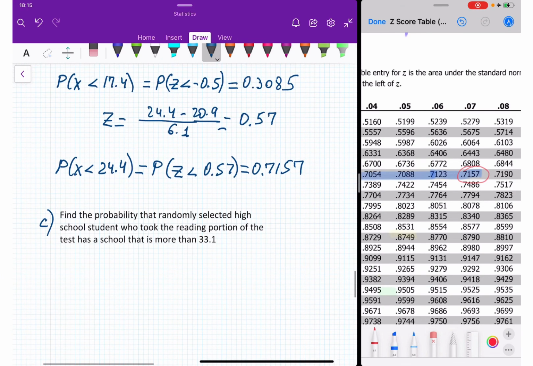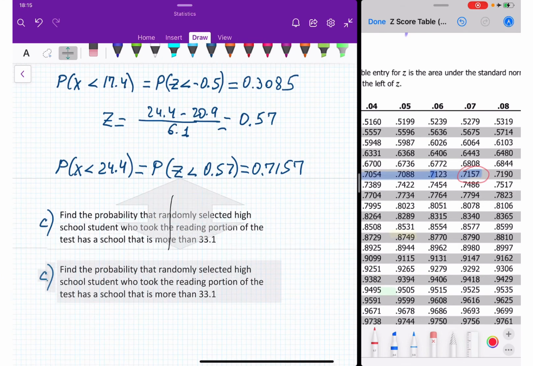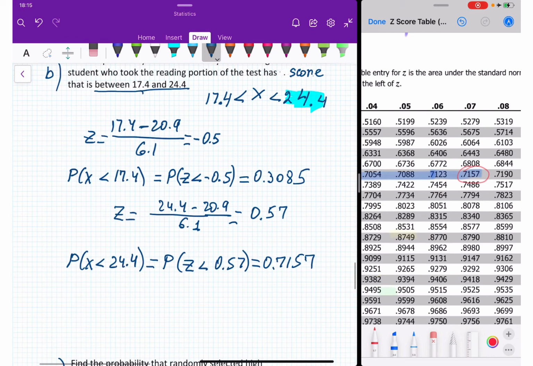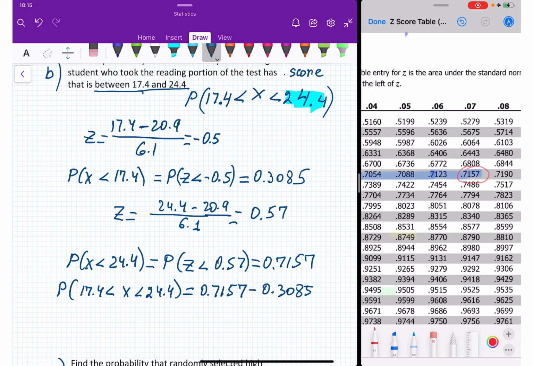Okay, so which means the probability for x between 17.4 and 24.4 is going to be equal to x less than 24.4, 0.7157, minus 0.3085. This is for x less than 24.4.